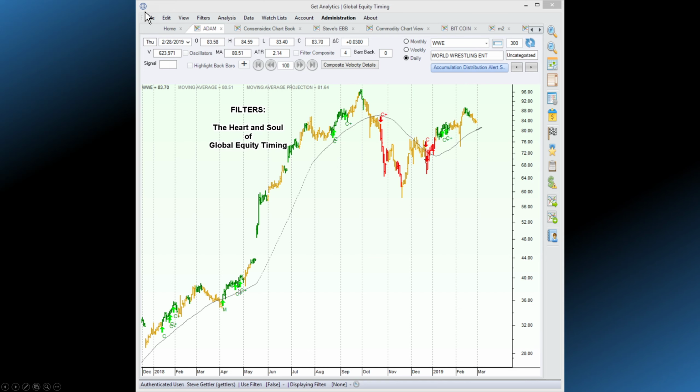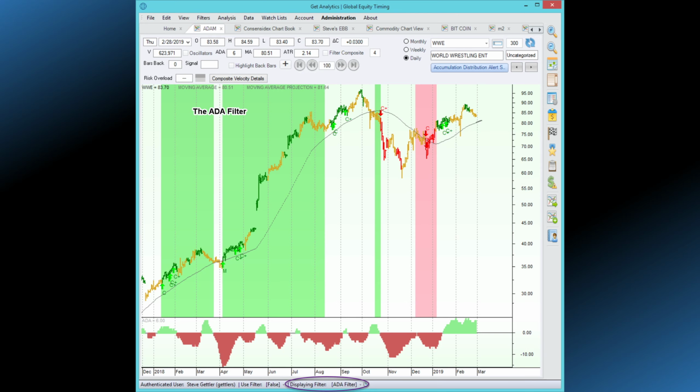So let's take a look now at one of these filters. You've probably seen this if you've looked at other videos first. This is the ADA filter, and across the bottom of the chart is the ADA, or accumulation distribution alert oscillator. It goes above zero, it goes below zero. Below zero, the particular stock is being distributed, sold.